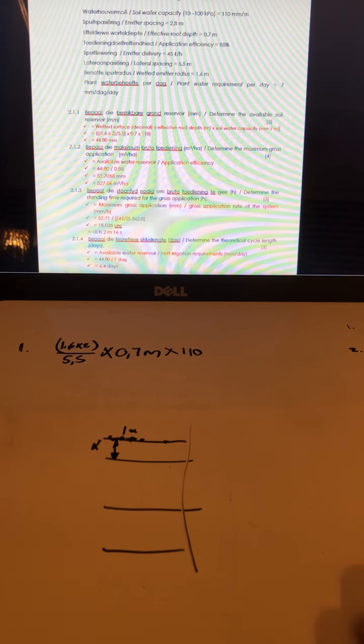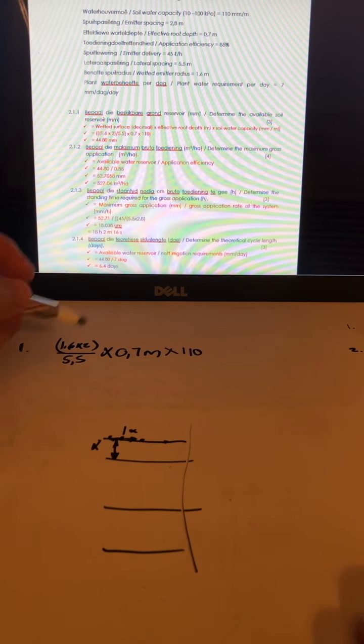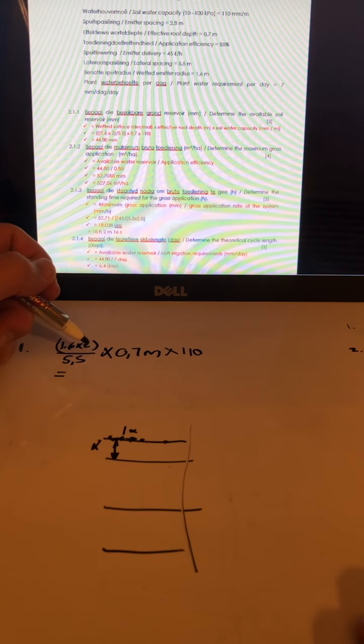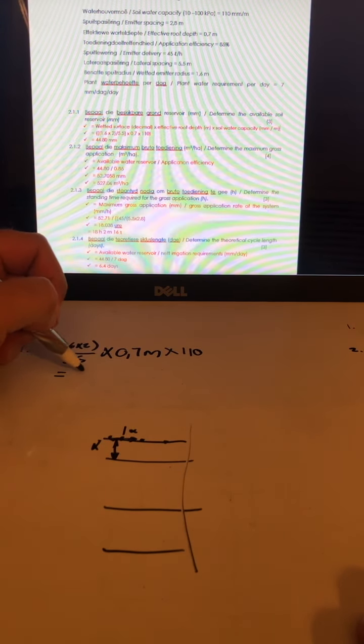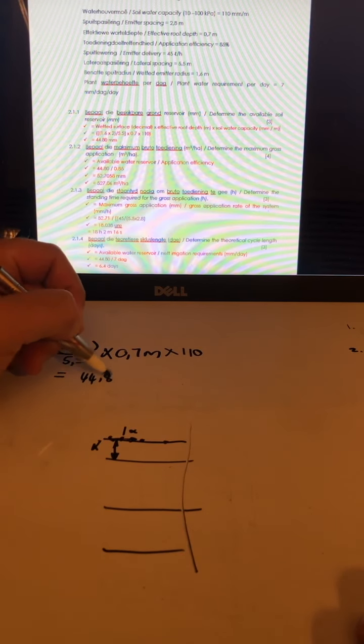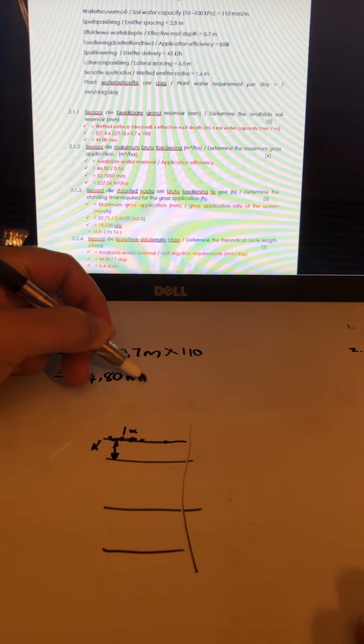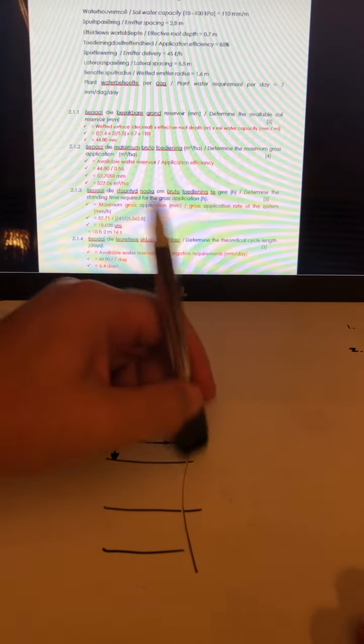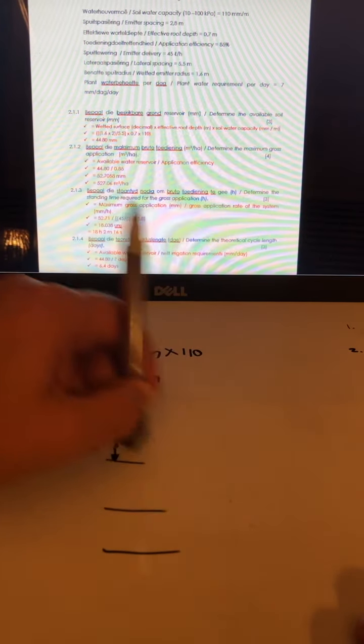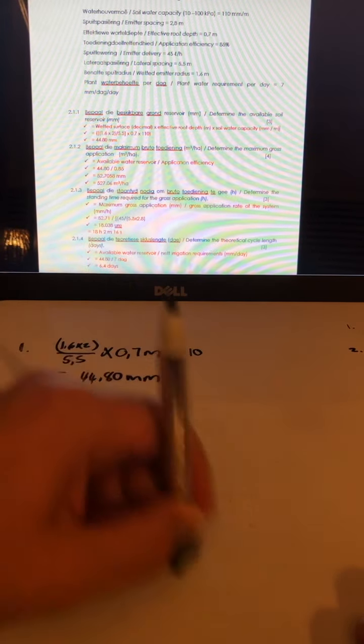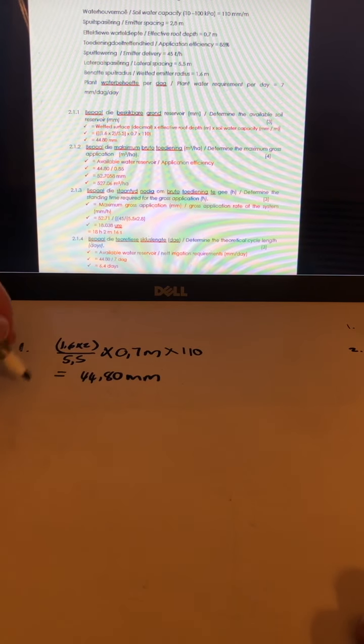If you've used all of this, then the answer you will get for number 1, your available soil reservoir, is 44,80 millimeters.